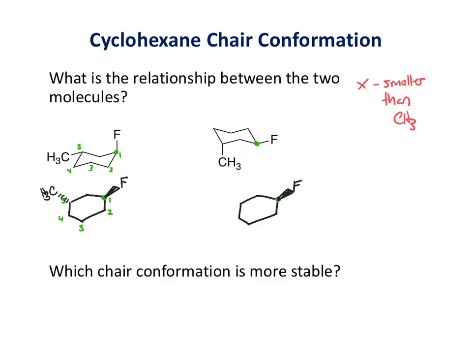Draw it in as a wedge. Clockwise, number to 3. The methyl is down. So I'll put it back.